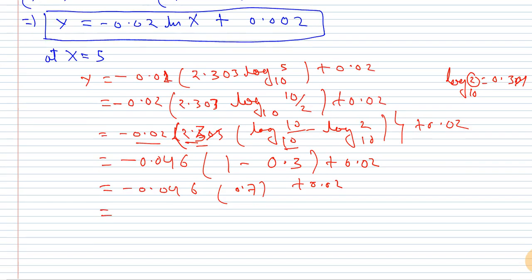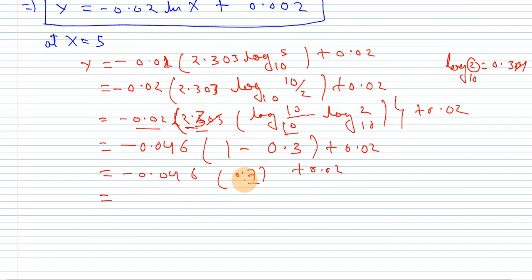And if we solve this, 7 times 6 is 42. Let's take 4 in the hand, carry 7, 7 times 4 is 28, plus 4 is 32, and the decimal point over here is 1 and over here is 3, so total 4 decimal points. So there are 4 decimal points, and we have minus 0.02.